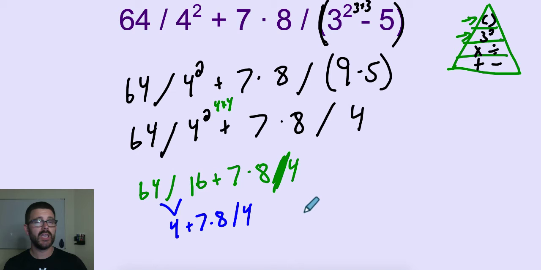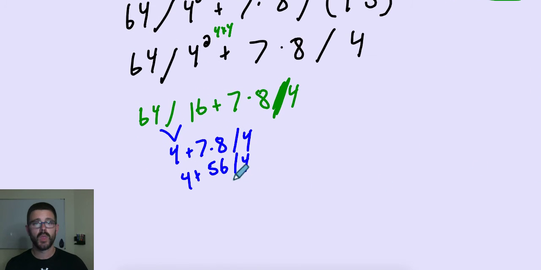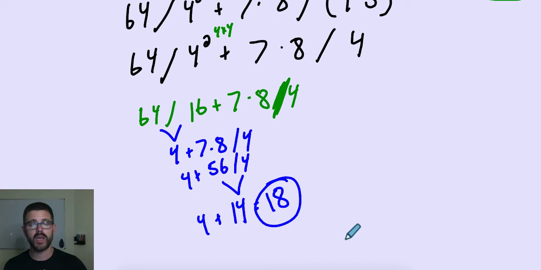I'm going to keep multiplying and dividing, but from left to right. 7 times 8 is 56, divided by 4, plus 4. I'm going to scroll down a little bit. I still finish any multiplying or dividing, so I have some division here. 56 divided by 4 is 14, plus 4. Last step is now I can go ahead and add them together and get my answer of 18, which is following step by step by step all the way to the end.